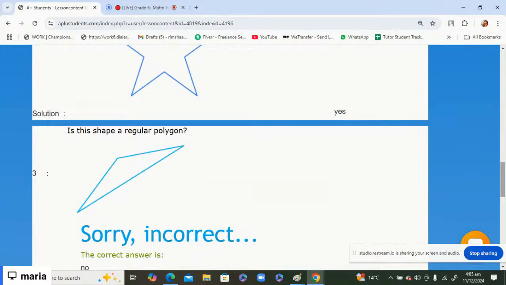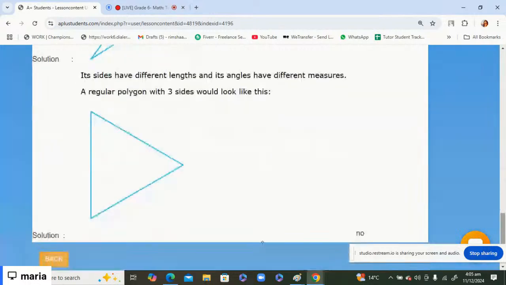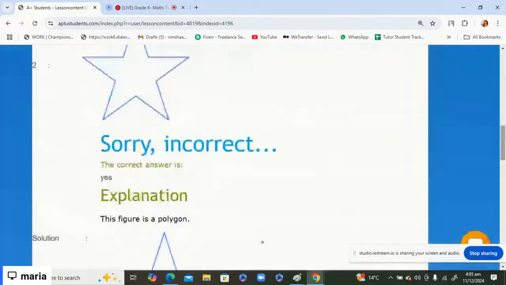Regular polygons are square, triangle, octagon, pentagon, hexagon, nonagon, and decagon. These are the different shape names. So this is not a regular polygon.